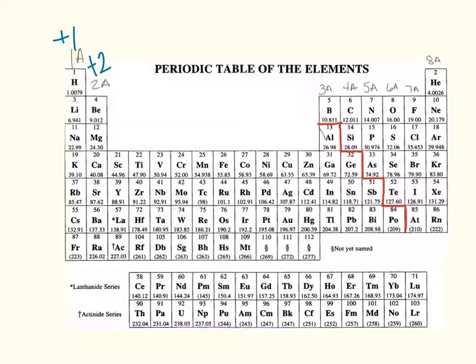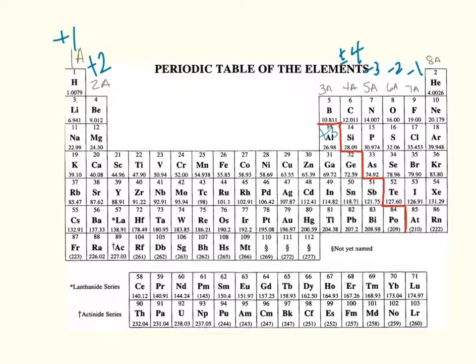Now aluminum is going to be +3, okay? And then 4A elements will be plus or minus 4. 5A elements will be -3. 6A elements -2 because they're going to gain 2 electrons. And 7A will be -1 because they're going to gain 1 electron.